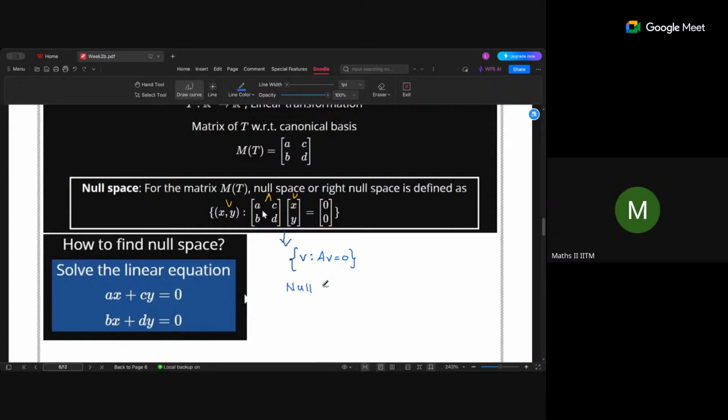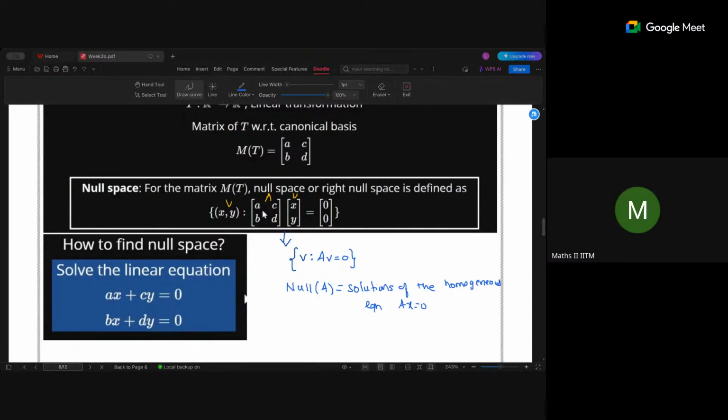So null of A is basically the solutions of the homogeneous equation Ax equal to 0, or Av equal to 0, anything is fine.